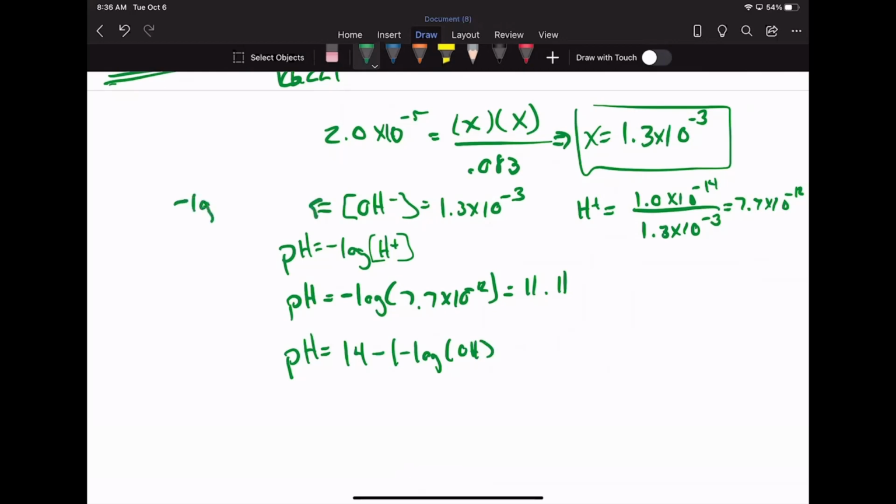If we go negative log 1.3 times 10 to the minus 3, we get 2.89, which means that I could just do 14 minus 2.89, and we get 11.11. So we still get the same answer regardless of which method we use.